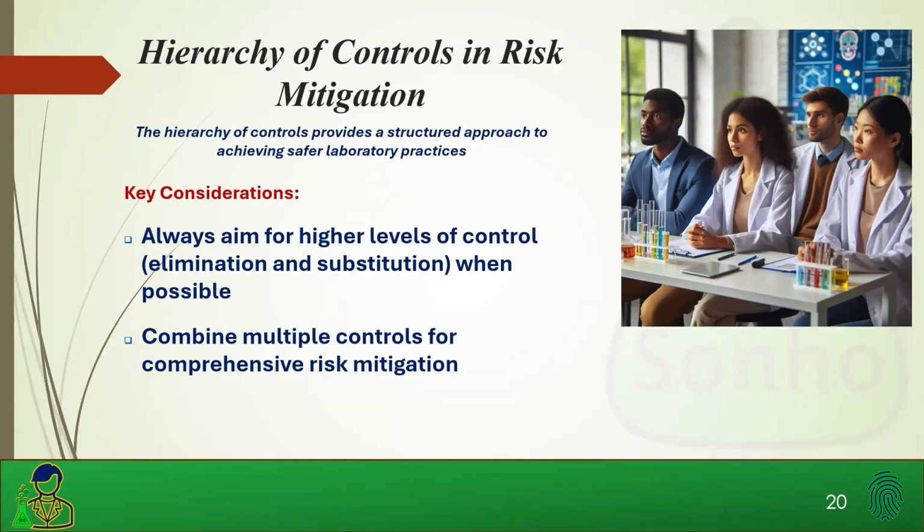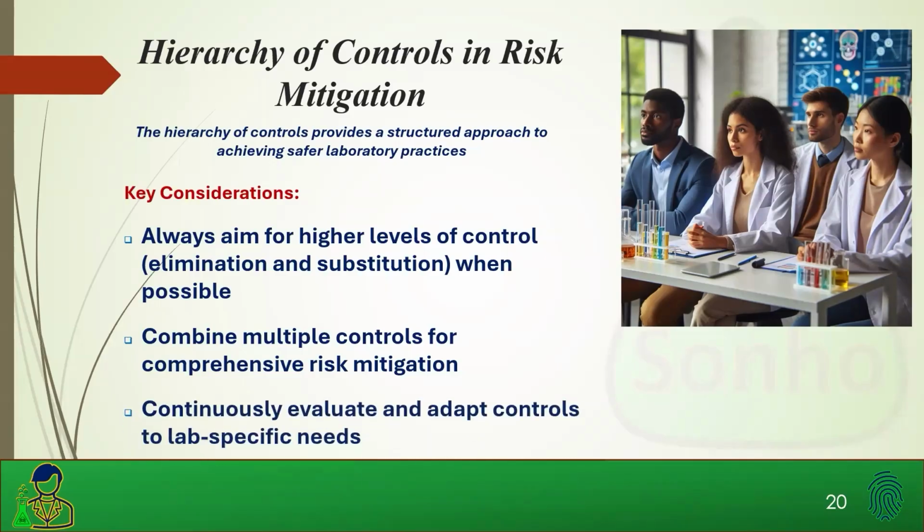Or sometimes if an item cannot be eliminated or substituted, it's good to implement engineering, administrative, and PPE. Roll those all together and you can get close to the same level of substitution. And continuously evaluate and adapt controls to lab-specific needs.